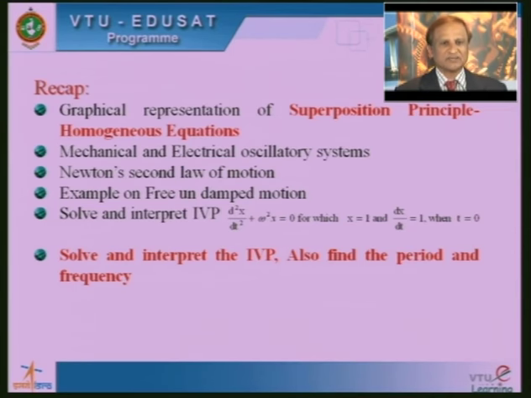And we have discussed Newton's second law of motion, and examples about free undamped motion, and how we obtain the solution of d square x upon dt square plus omega square x is equal to 0 along with the given initial conditions.